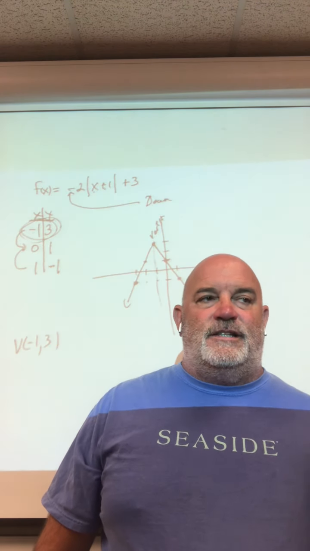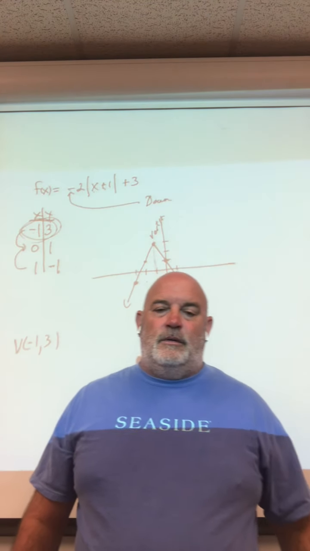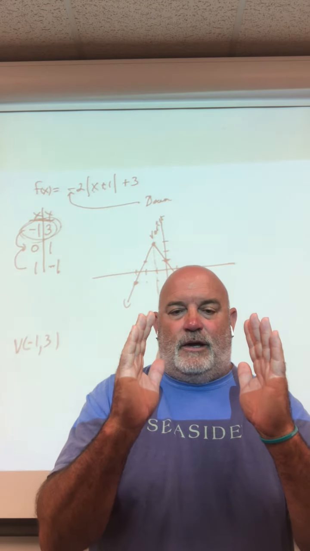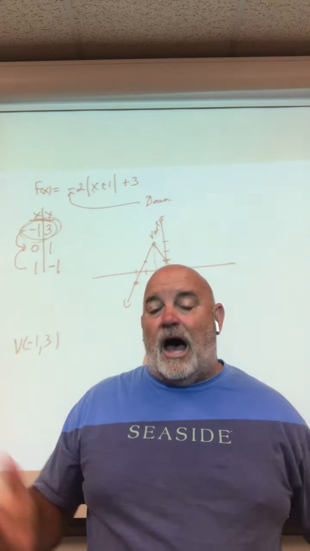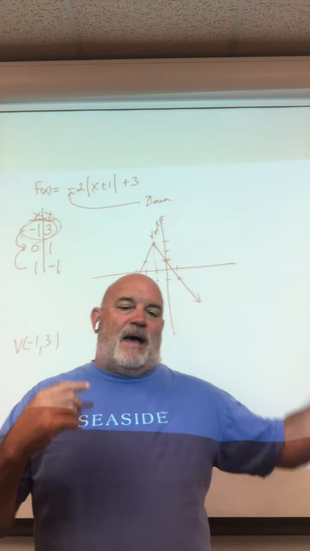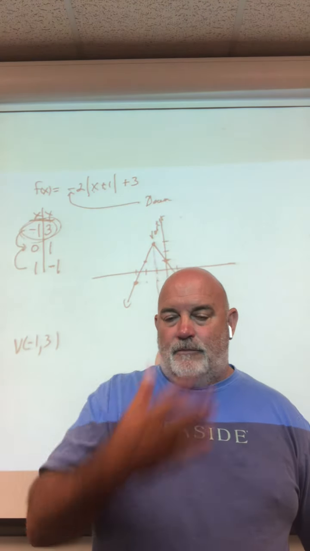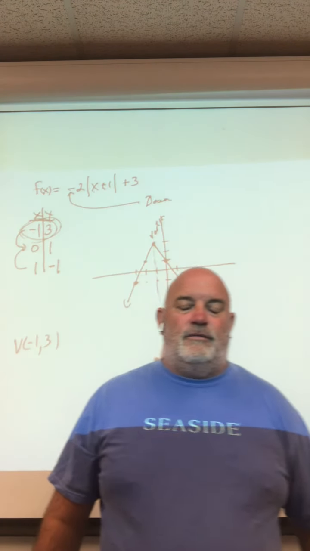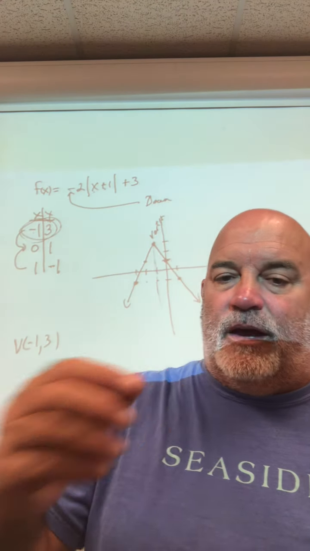Absolute value function is a V-shape with a vertex at the origin, but if you have a number behind that X in there with the absolute values, that shifts your vertex horizontally, the opposite of that number. And if there's a number added or subtracted behind the absolute value, that shifts your vertex up and down so many spaces. So that concludes this section on graphing radical functions and absolute value functions.